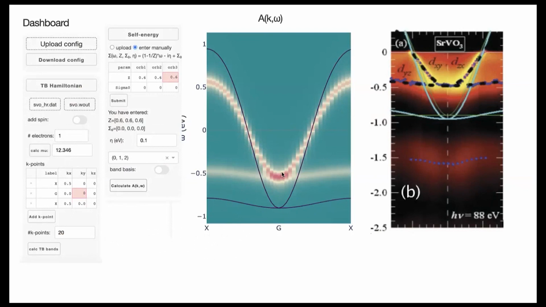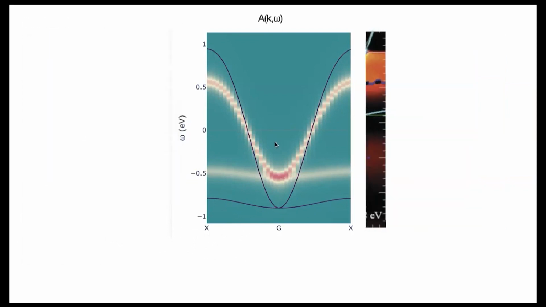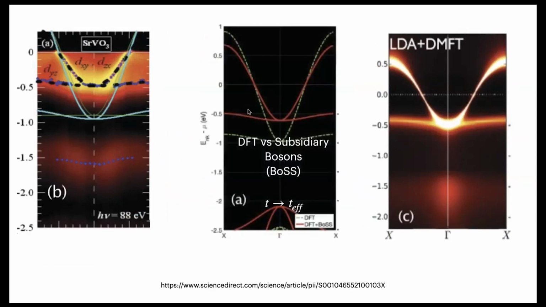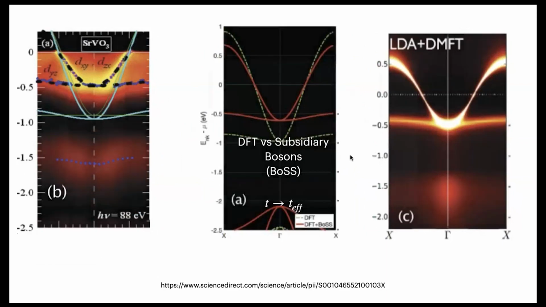So it's a cool tool to understand these things without complicated calculations. And you can compare the different approaches. Slave bosons, like the version I have, give you the bandwidth renormalization, but not the smearing from finite lifetime. But you can get some of that even in this very simple quasi-particle picture. So again, there's no smearing if you use slave bosons, not the type I worked on.